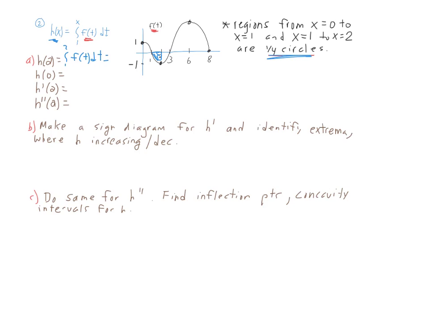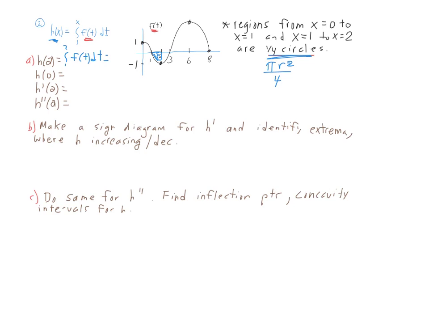So the area of a circle we know is pi r squared. And if it's a quarter, we're going to take pi r squared and divide it by 4. So in this case, in our graph, our radius would be 1, because we can see here that it goes down to -1. So the radius there is 1.